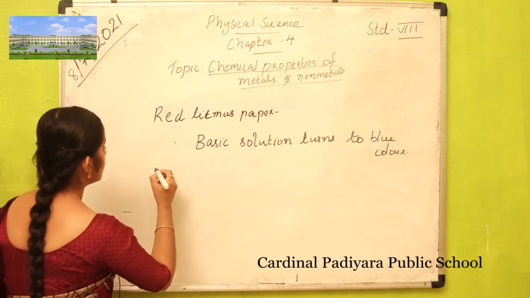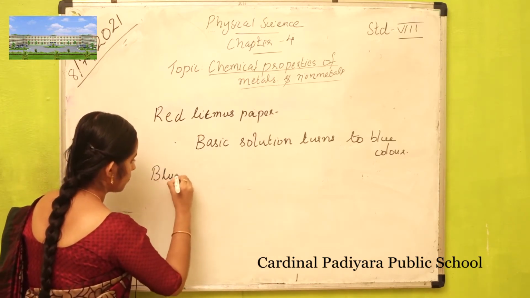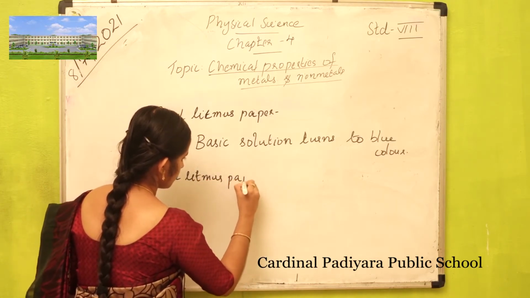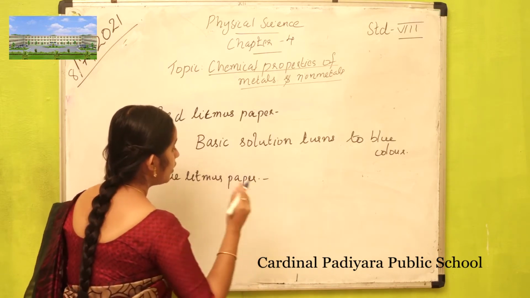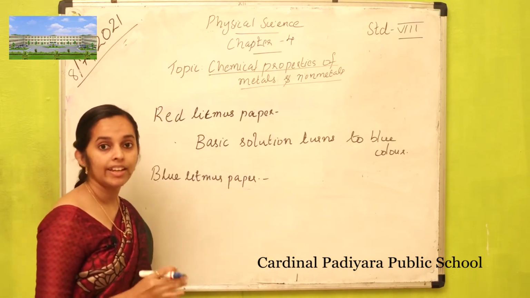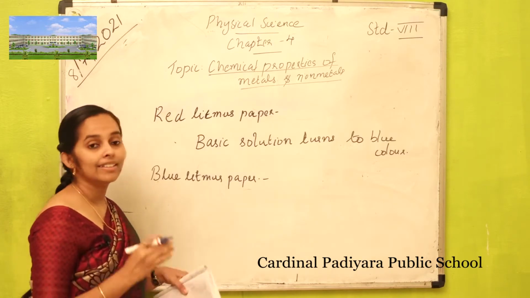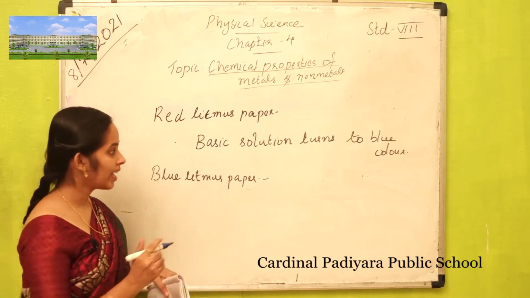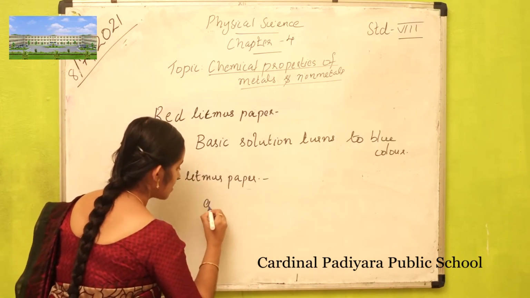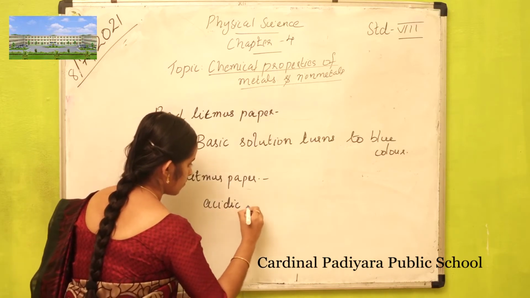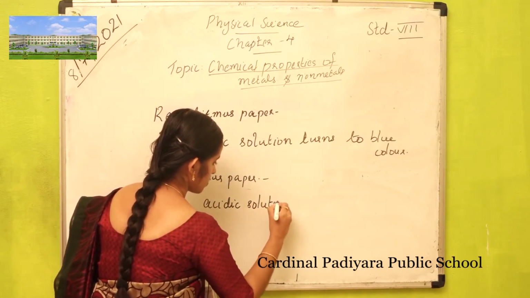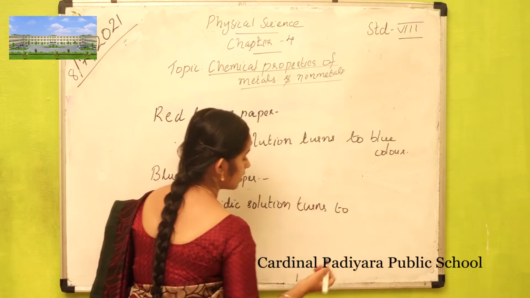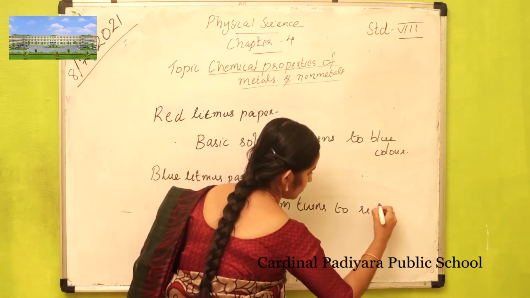What about the blue litmus paper? When we are immersing a blue litmus paper in an acidic solution, it turns into what? Red color. Blue litmus paper in acidic solution turns to red color.